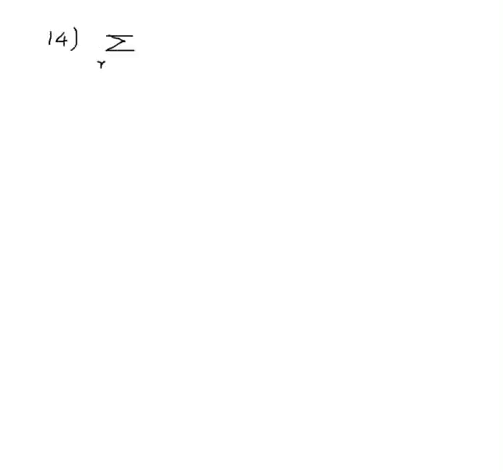Question number 14. Prove that sigma r is equal to 0 to n of 3 raised to r times nCr is equal to 4 raised to n. Let us take the left hand side, which is sigma r is equal to 0 to n, 3 raised to r, nCr.